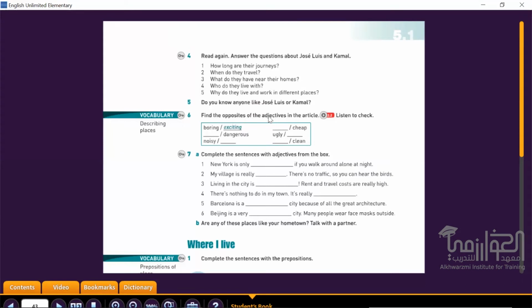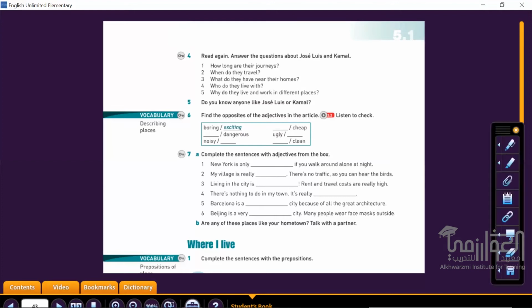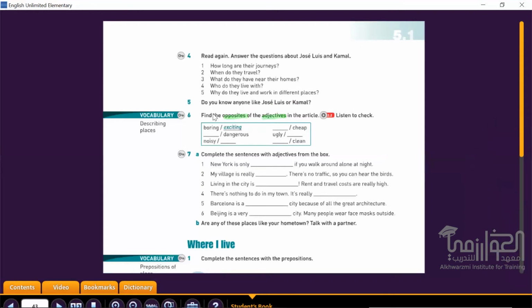These are adjectives, sifat. The word adjective is sifat. So we have first opposite, muqabil, and then adjective, sifat. So find the opposite, muqabil, sifat.